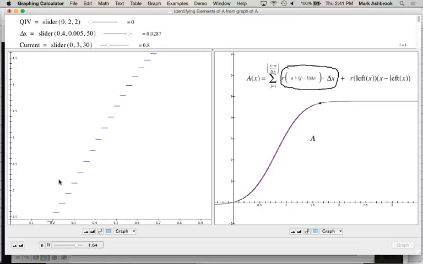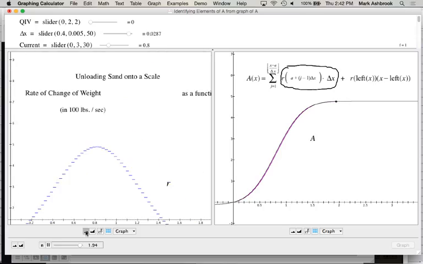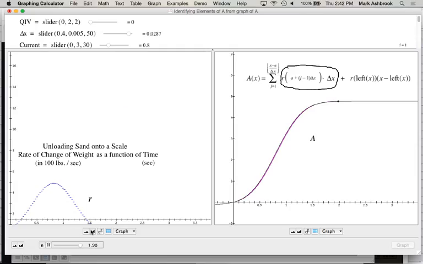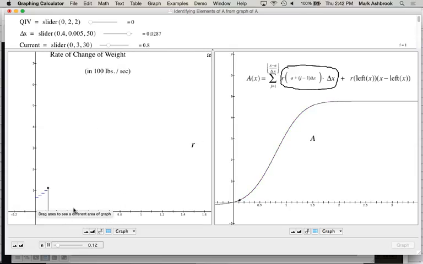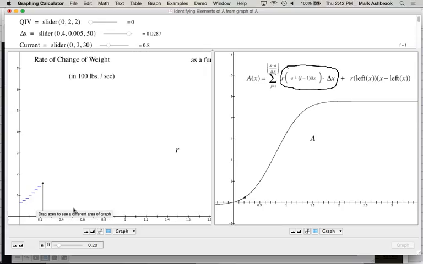So what we say is we're going to just make those intervals small enough so that we can't tell the difference between exact and approximate. So let's just make them really small, like 0.005.